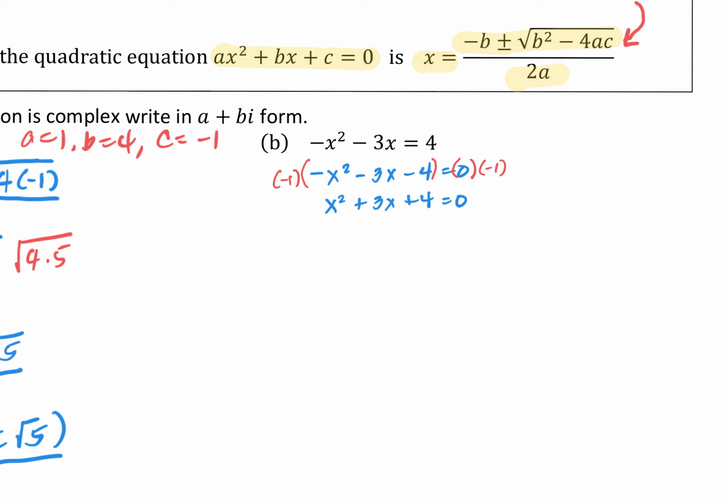Now that's a personal preference that I have, that I don't like a lot of negatives. But if you want to work with the negatives, that's fine. I tend to make more errors. Now I can see that my a value is 1, my b value is 3, and my c value is 4.